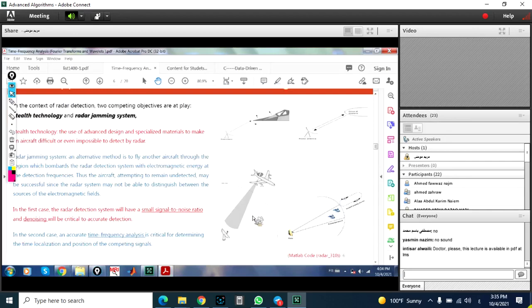The radar sends a wave, but another fake target reflects in the same way, and then we are confused about which is the main target or whether there are two targets. We call it a parasite.